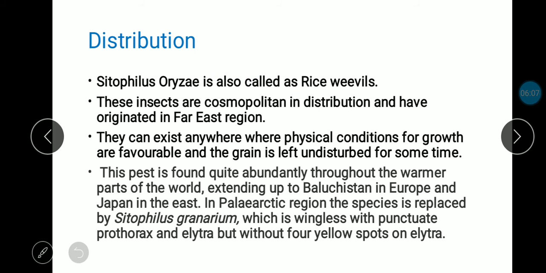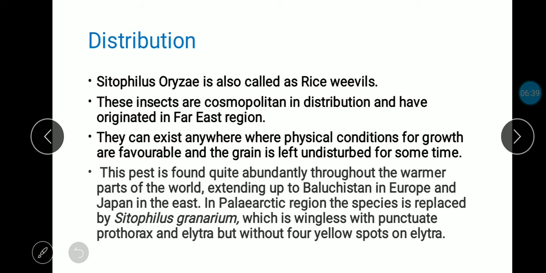The distribution of this Sitophilus oryzae is throughout the world. These insects are cosmopolitan in distribution and have originated in the East. They can exist anywhere where physical conditions for growth are favorable and the grain is left undisturbed for some time.